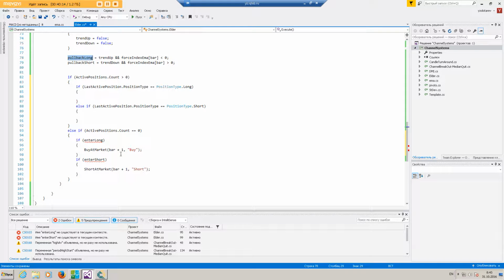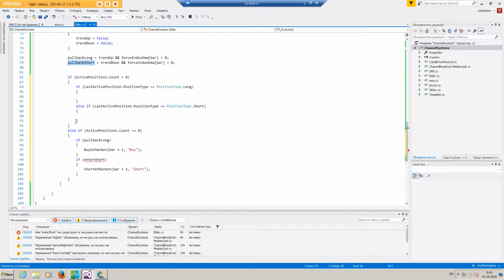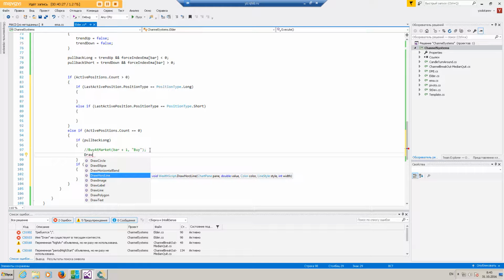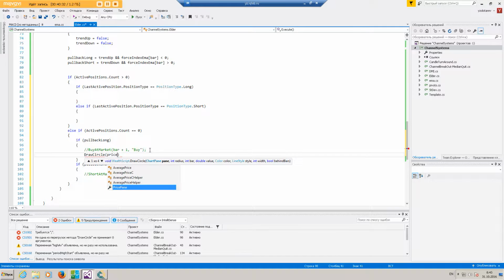So if we have a pullback long, and if we have a pullback short, let's just not buy right now. Let's just visualize this and see what to do next. So this is how you actually design a system, partly.